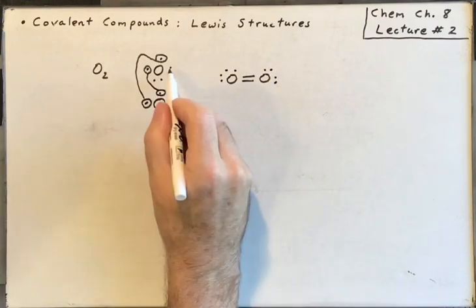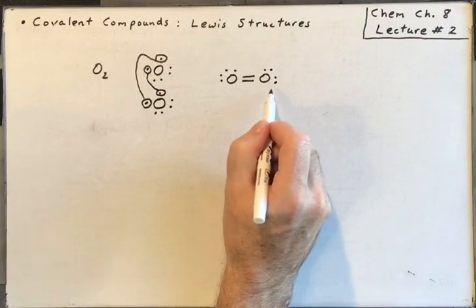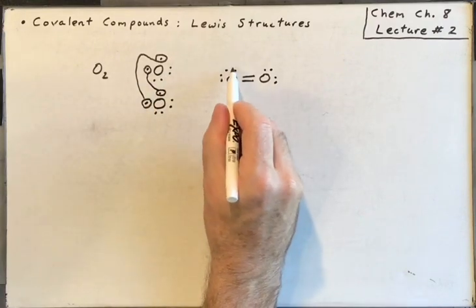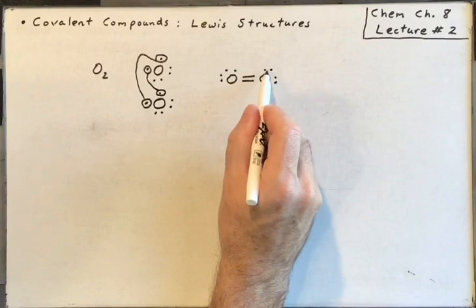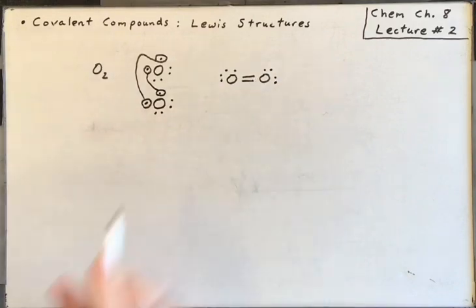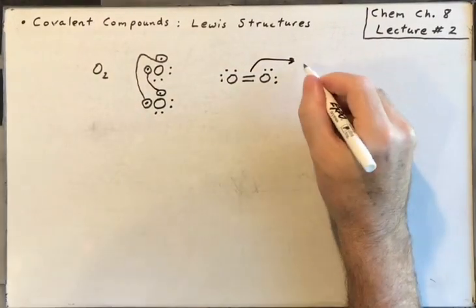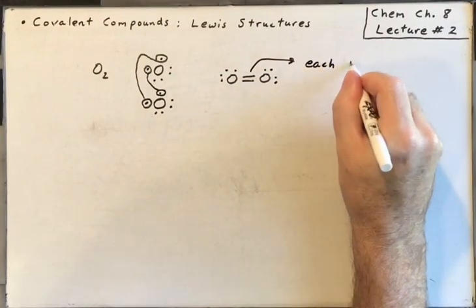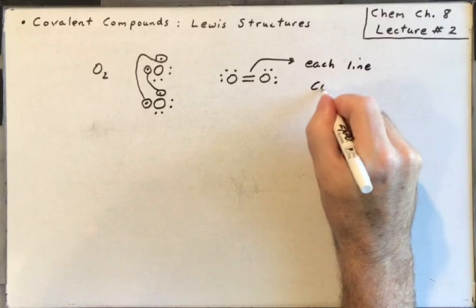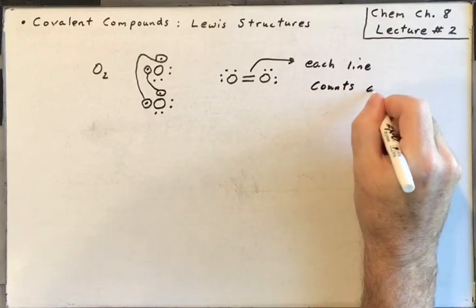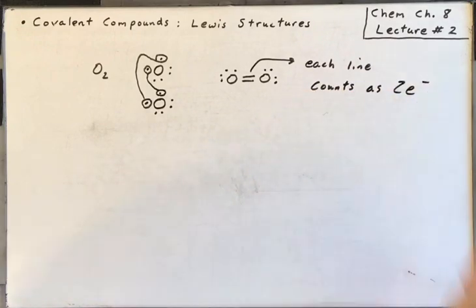We still have to draw the 2 electron pairs around each oxygen, but 2, 4, 6, 8, 2, 4, 6, 8. So remember, each line counts as 2 electrons.